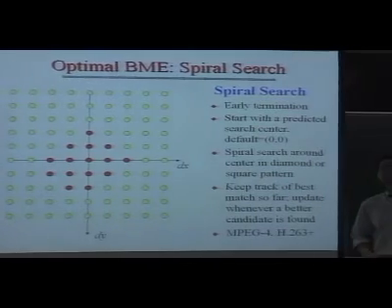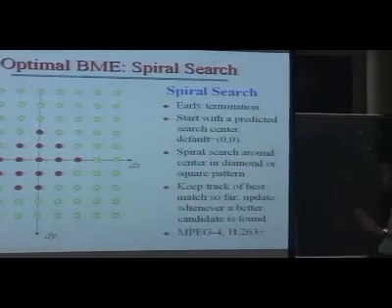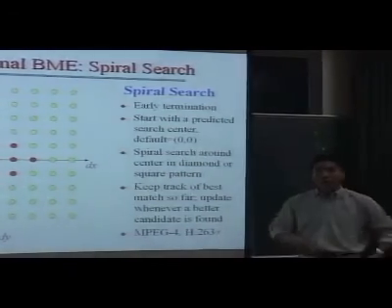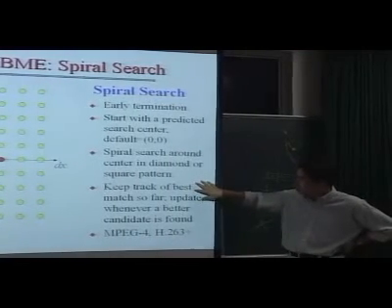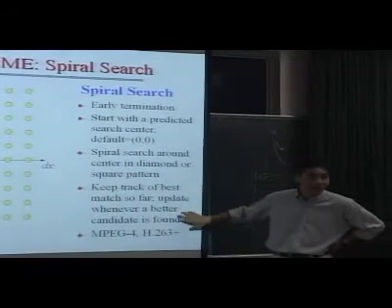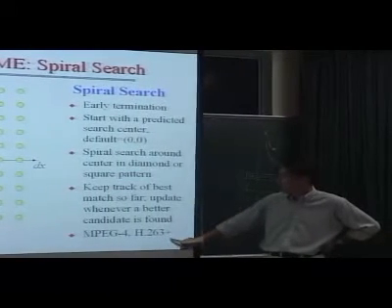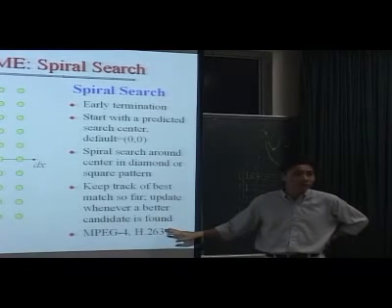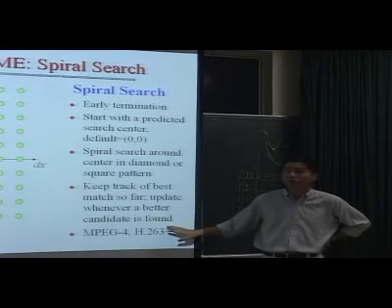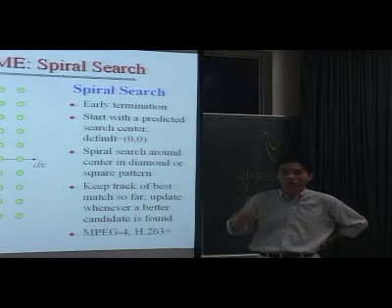If it's over, then we throw it away and we start a new search. Okay? And we need to keep track of the best match so far. That's all we need to do. This search is being implemented in MPEG-4 and H.263 plus. So people actually do full search when they do motion estimation.